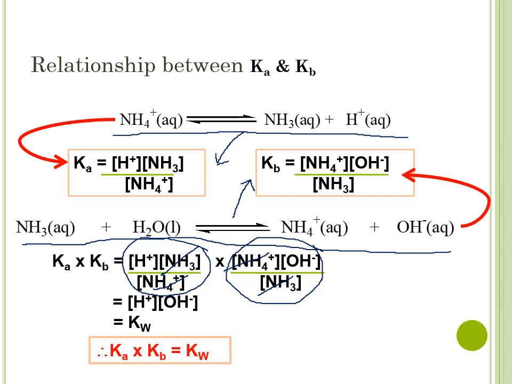So what do we have left? The concentration of H+ multiplied by the concentration of OH-. Here it is, Kw. Therefore, we found out here that the relationship Ka multiplied by Kb is equal to Kw.